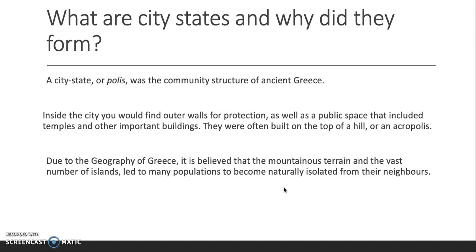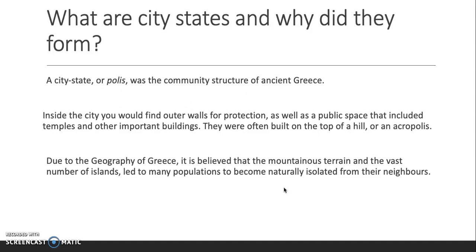Due to the geography of Greece, it is believed that the mountainous terrain and the vast number of islands led many populations to become naturally isolated from their neighbours. This gives us a rough explanation as to why city-states formed. When we think of a country like England, we were all very close together and on the same land, and because there weren't as many mountains to separate us, it meant that we could all share the same common values and the same systems.